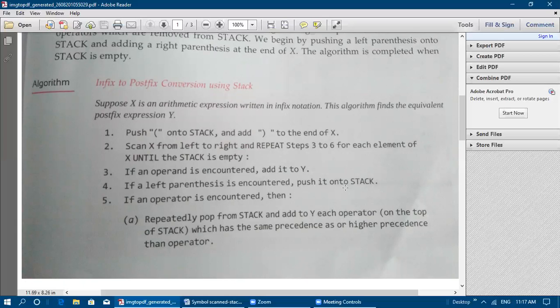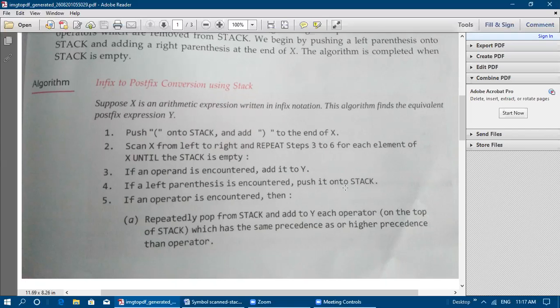If an operator is encountered, then repeatedly pop from the top of the stack and add each operator to Y which has the same precedence as or higher precedence than the scanned operator.